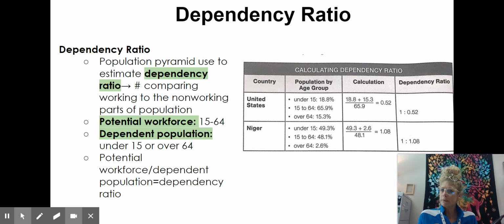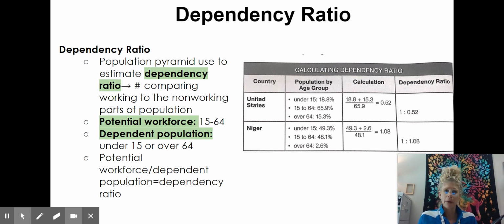So another vocabulary word in your dictionary is potential workforce. When you see that, that is just the working force. Those are people like me in their 40s, and that can range anywhere from 15 to 64. They're part of the workforce in an area. Versus the dependent population, they are under 15 or over 64. This can fluctuate a little bit, but that's pretty much the average of what you see.